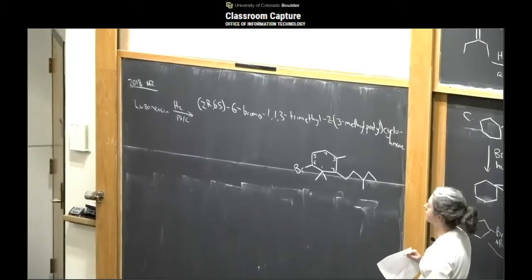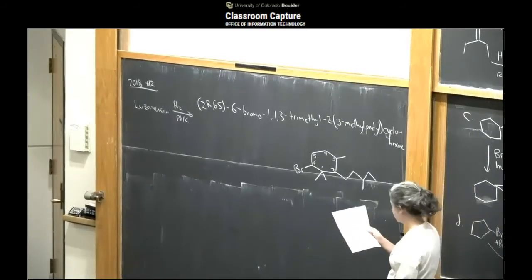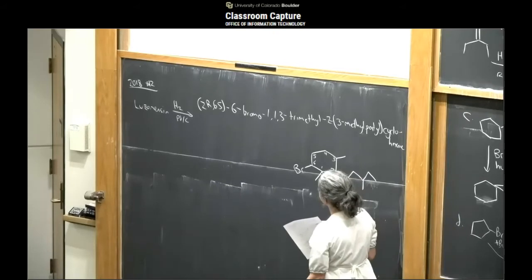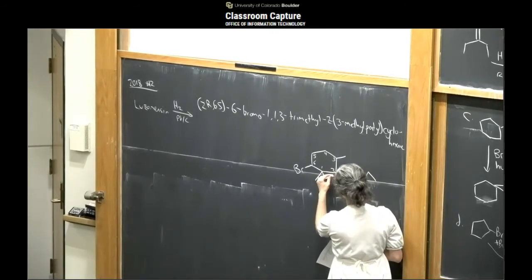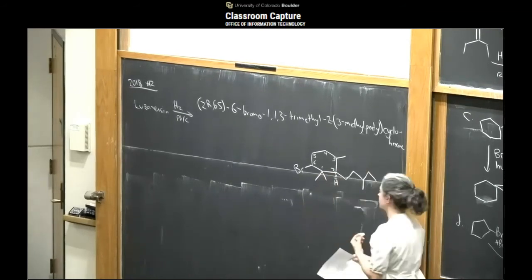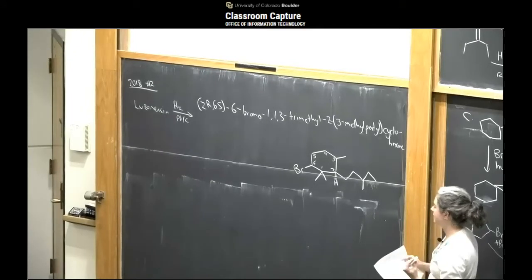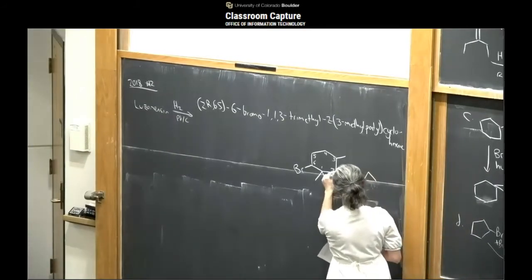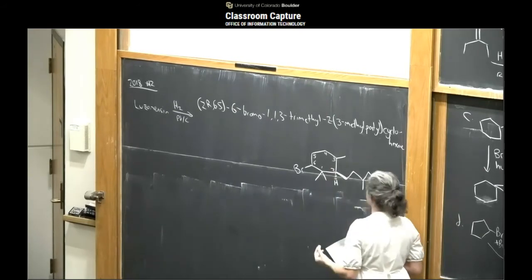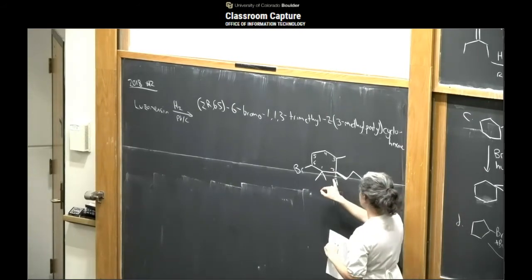And then I have to figure out R and S on this thing. Carbon 2 here also has an H. I'm going to just start out by guessing that maybe the H is in the back, which makes it easier to figure out what's coming towards me because I don't have to do that fake swap thing.